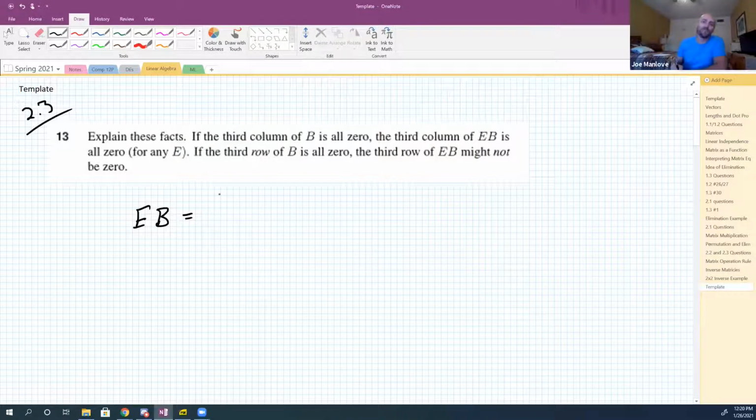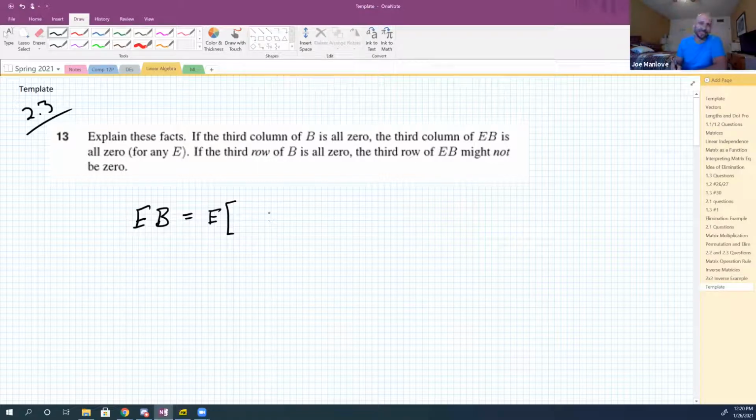I can prove it, I just don't know how to explain it. So let's see if we can explain it first. E times B is E times the columns of B, right? Do I know how many columns B has? At least three.